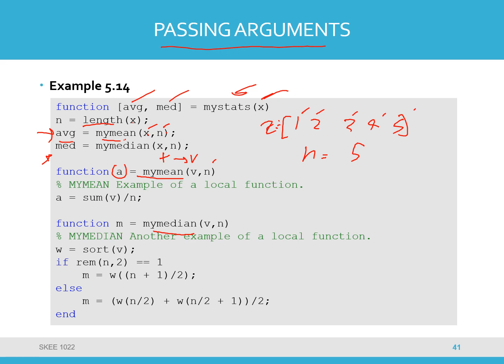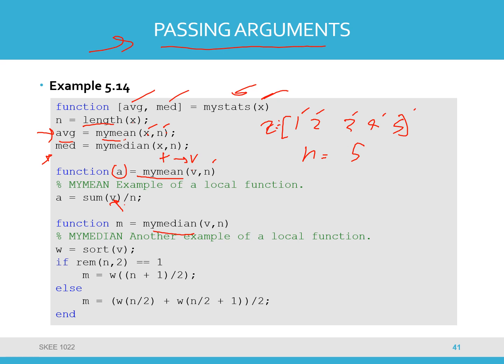For here you use x as the input, and then when you transfer to my mean you use v. As long as inside the function you use the same input v, it is okay. So that is what is meant by passing argument. You can try running this program using MATLAB.